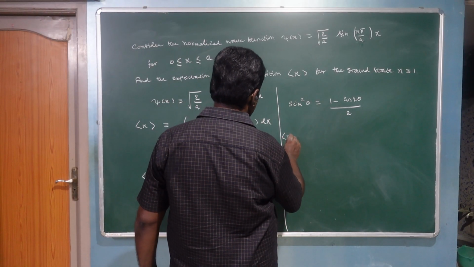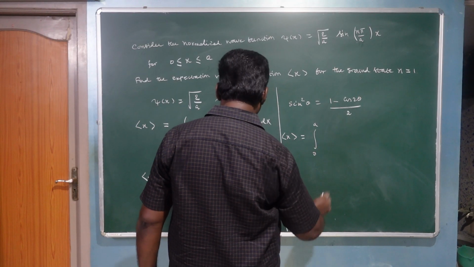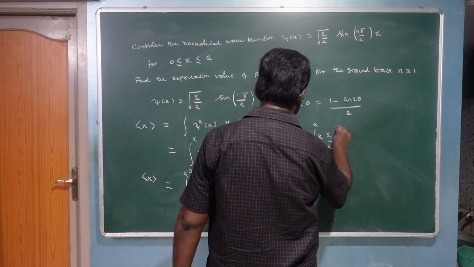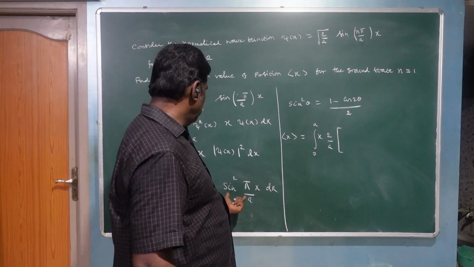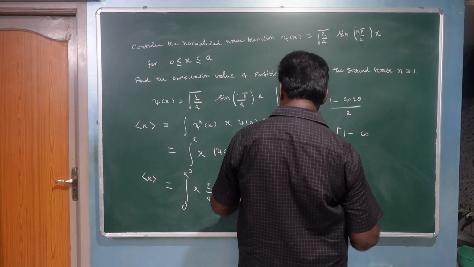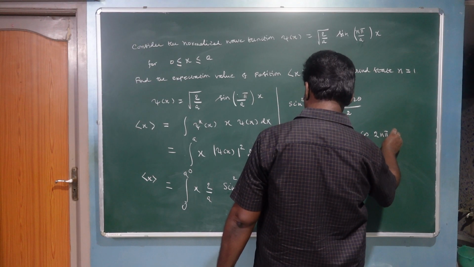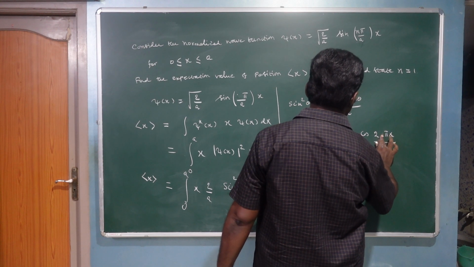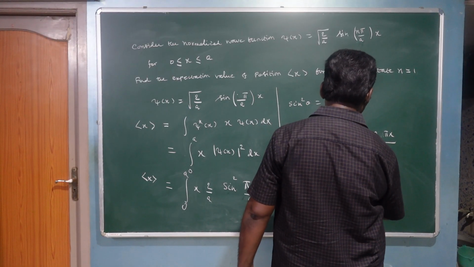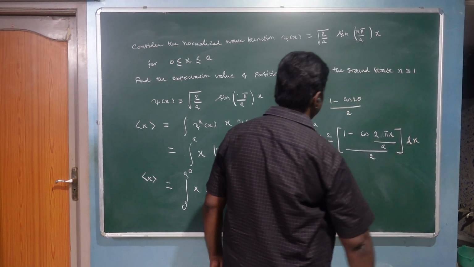Then the expectation of x equals the integral from 0 to a of x into 2 by a, and instead of sin squared, you put 1 minus cos 2 pi x by a, whole divided by 2, the entire thing multiplied by dx.